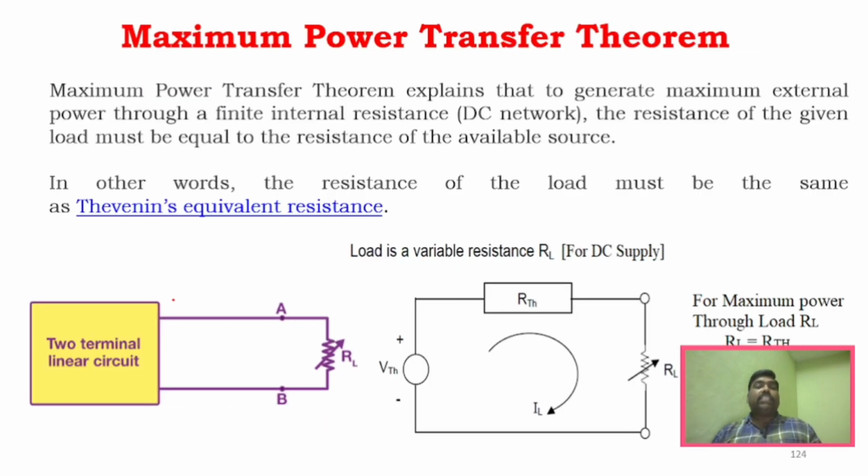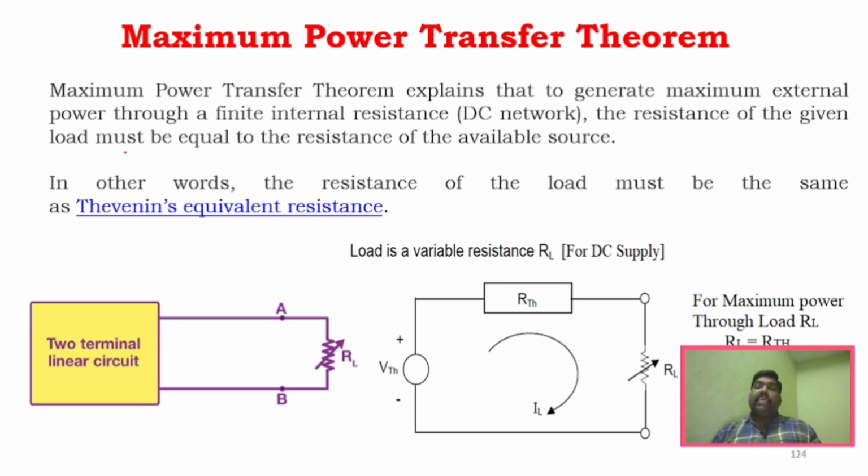First we'll see what is the maximum power transfer theorem. According to the maximum power transfer theorem, to generate a maximum external power through a finite internal resistance, the resistance of the given load must be equal to the resistance of the available source, right?